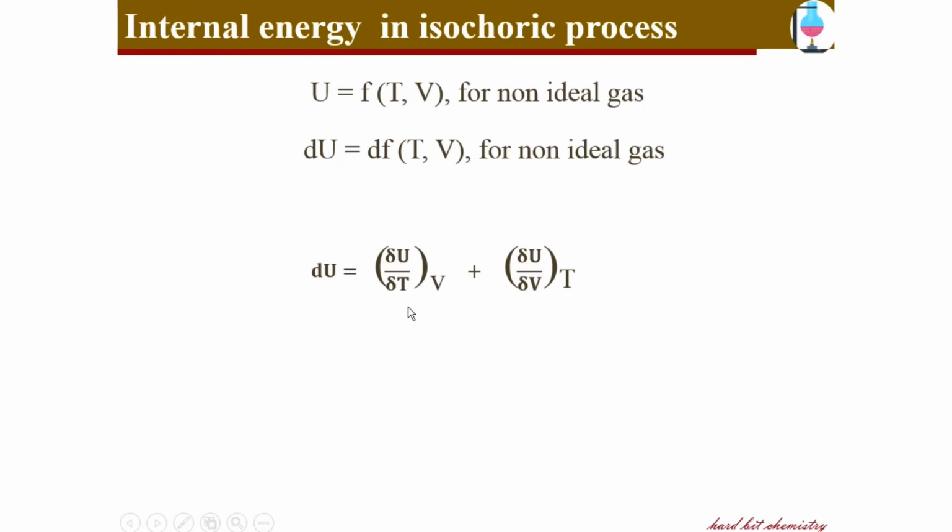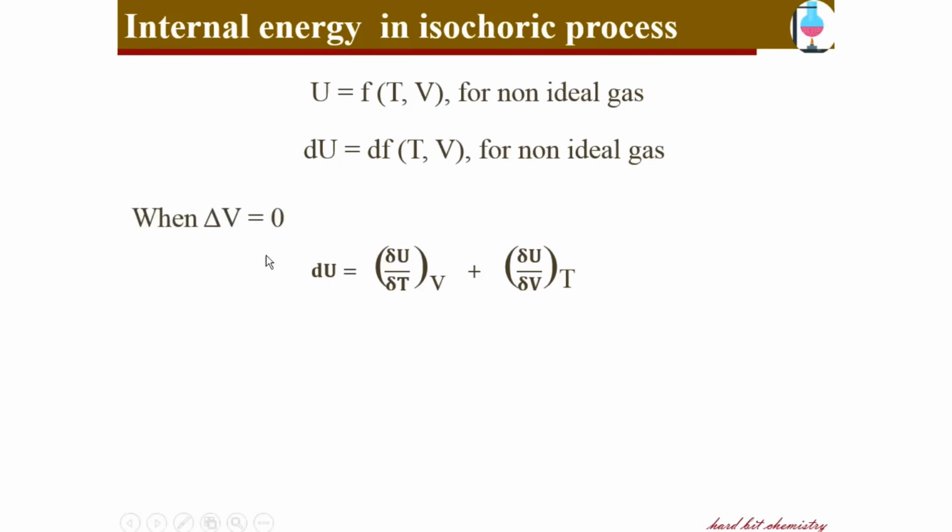Here you can use partial differentiation, that is, the partial derivative of internal energy with respect to temperature at constant volume, summed with the partial derivative of internal energy with respect to volume at constant temperature. This gives the infinitesimally small change in internal energy occurring in a given infinitesimally small part of the process.